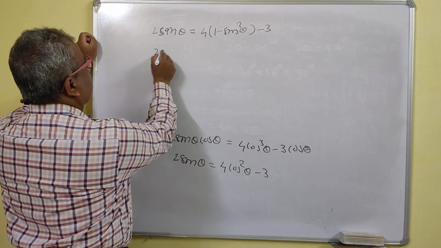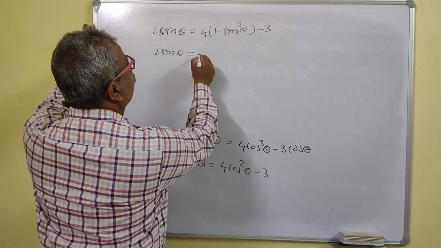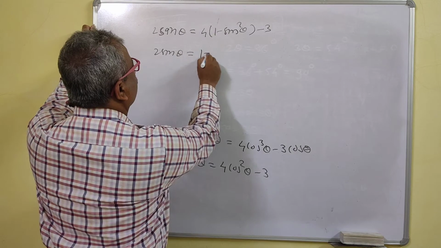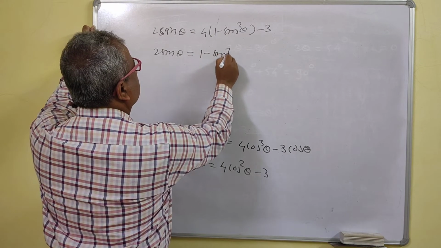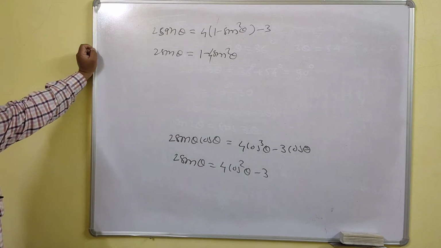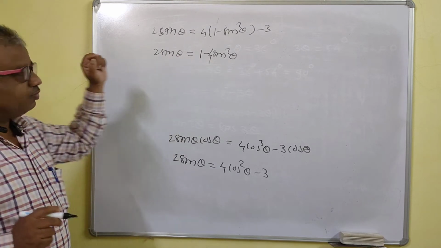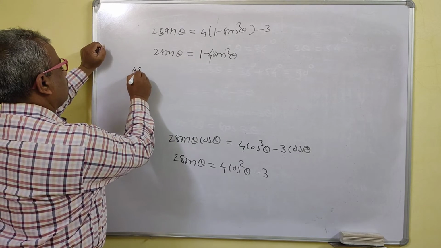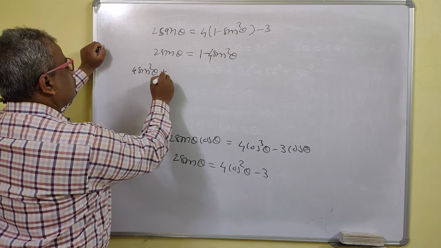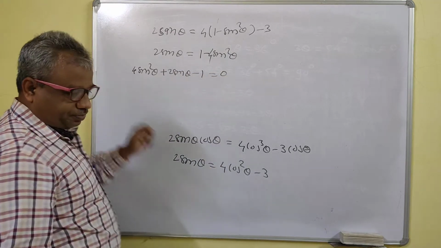So 2 sin theta is equal to, 4 minus 3 means 1, minus 4 sin square theta. We'll shift all the terms to this side. So what we get? 4 sin square theta plus 2 sin theta minus 1 is equal to 0.